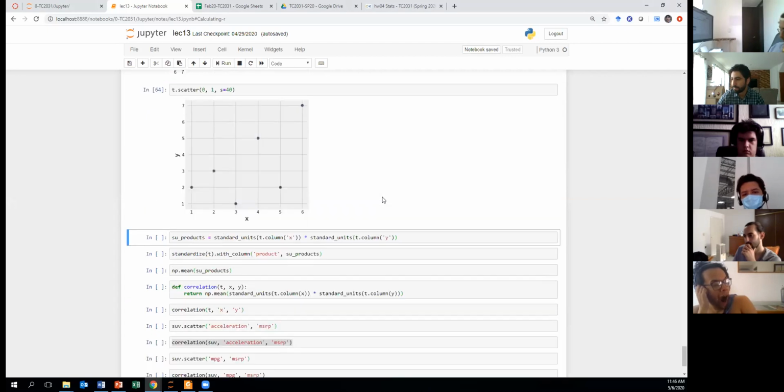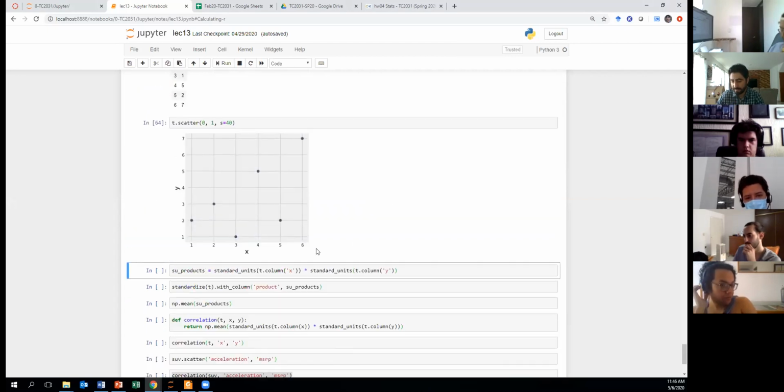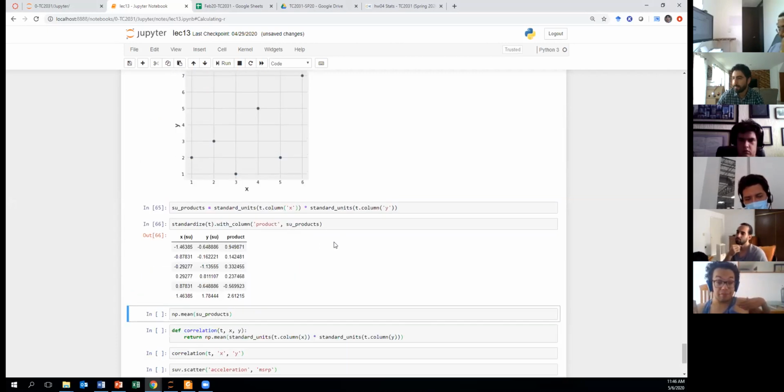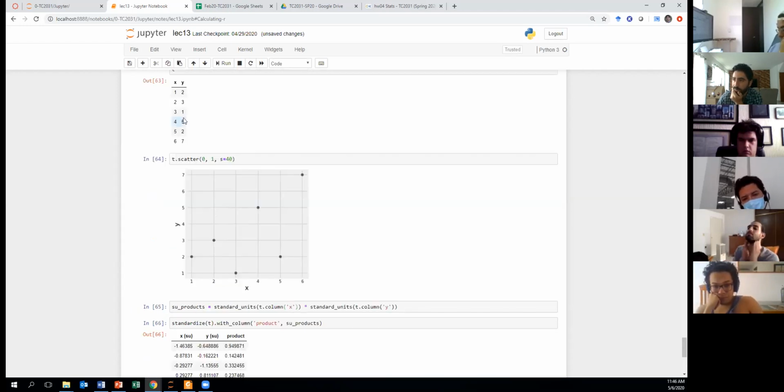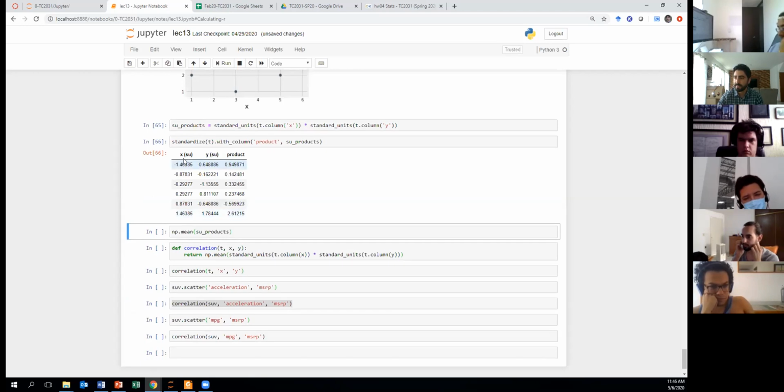So let's convert them to standard units. I convert them to standard units and multiply them, and I get the product. Then I put it in this table. This is my original x and y, this is x in standard units, y in standard units, and this is the product of them, x multiplied by y.